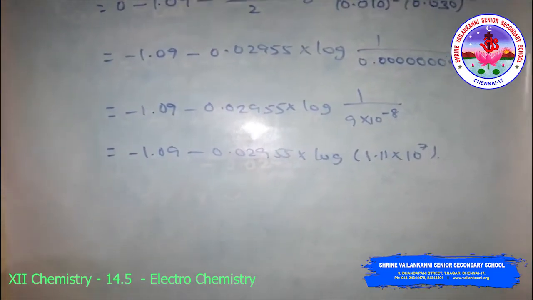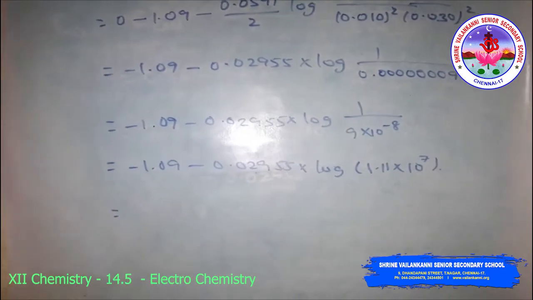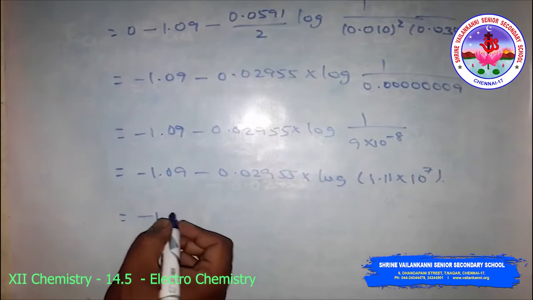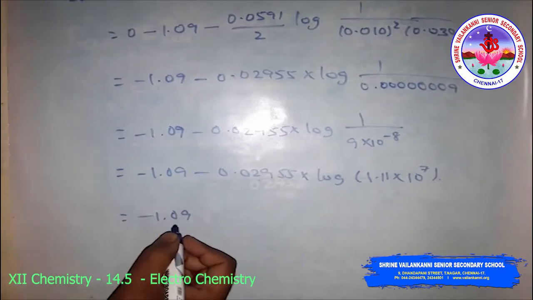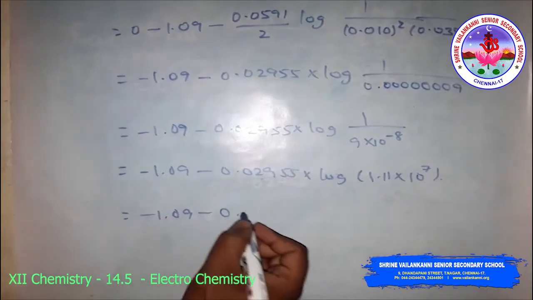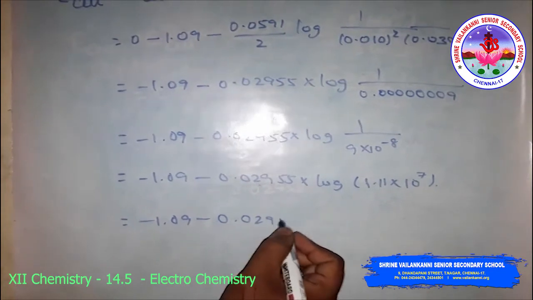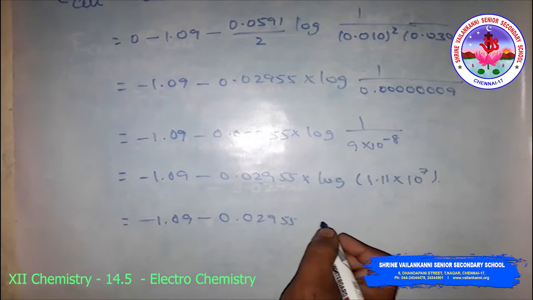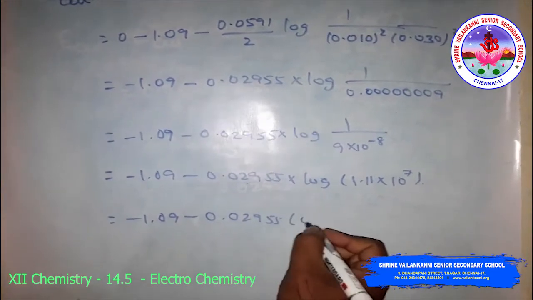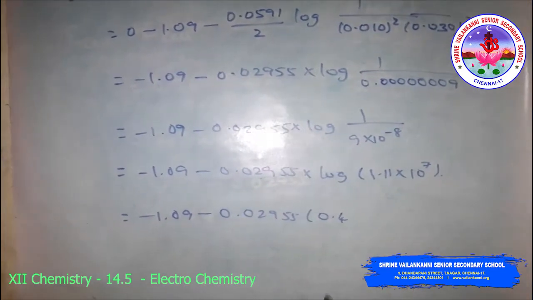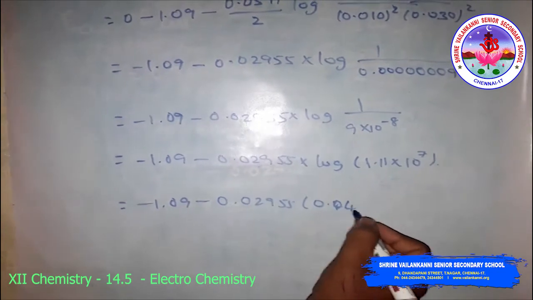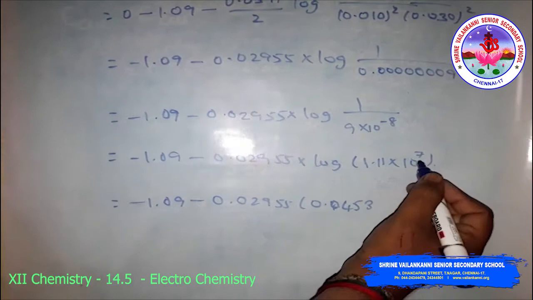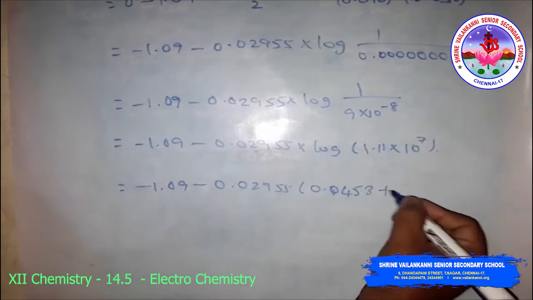Okay, then after simplifying this, minus 1.09 minus 0.02955, the log value of this is 0.0453, and you have to add this 10%, so that plus 7.